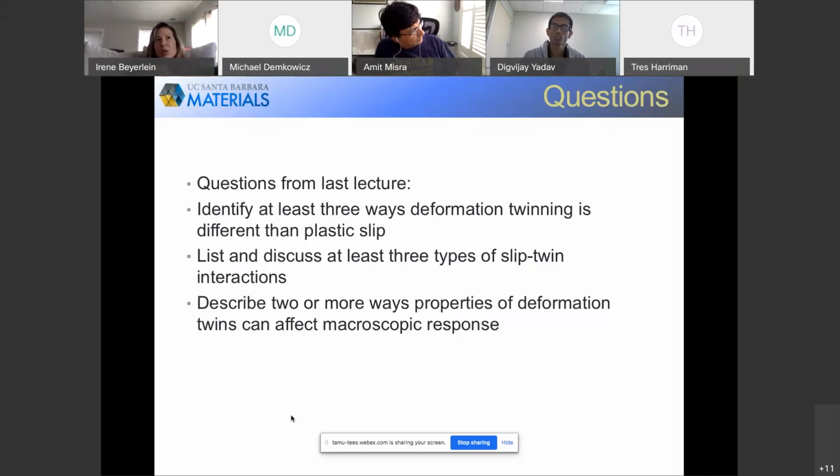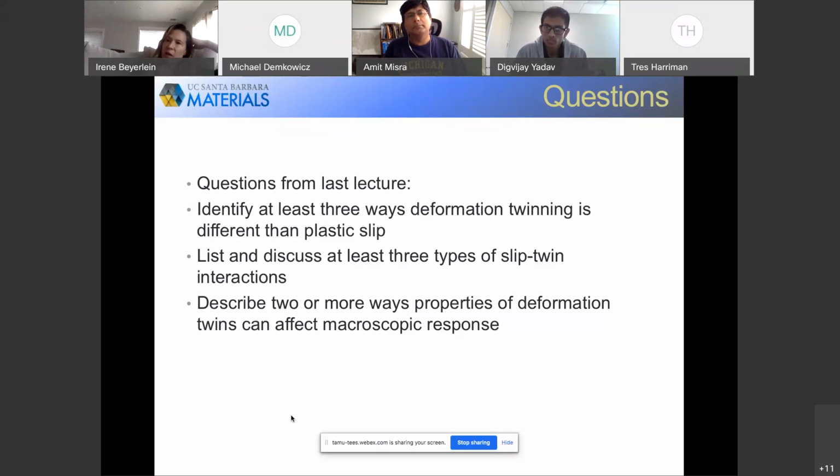Now, when you go to something like FCC and BCC materials, the twin plane is shared by a slip mode, so that's different. For FCC, the twin plane is {111}, just like the slip system.